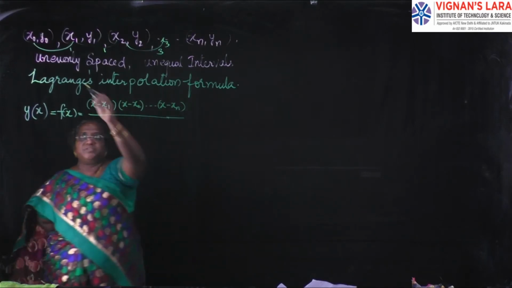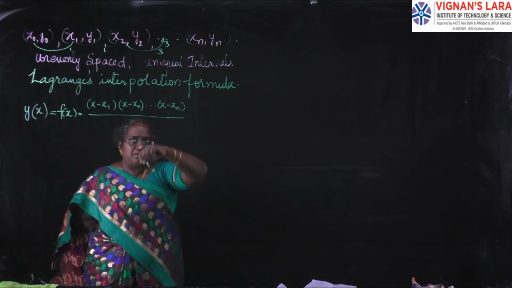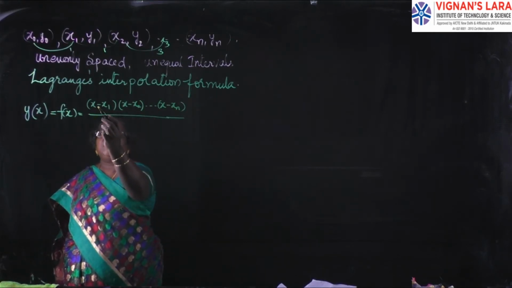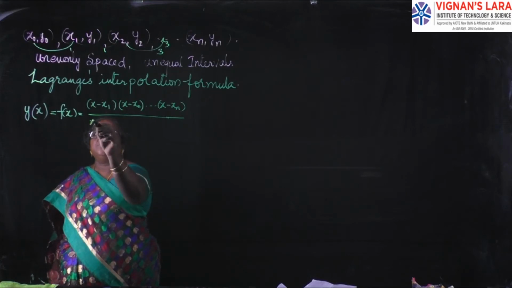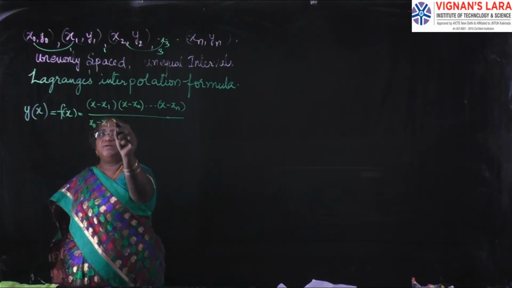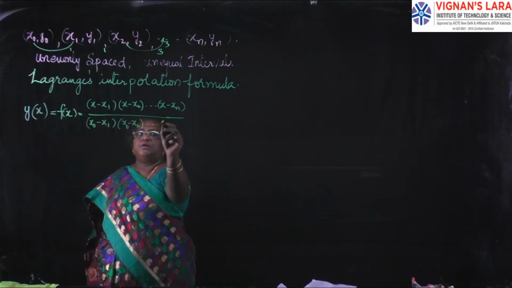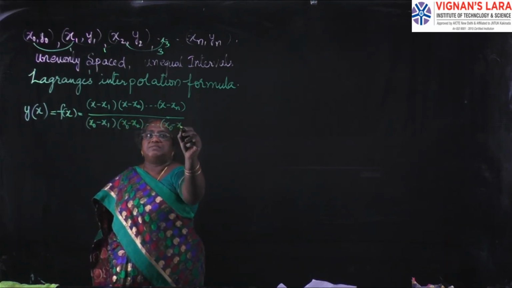Out of the points x0, x1, x2, and so on, xn, x0 is missing, so that appears in the denominator in place of x: (x0 minus x1)(x0 minus x2) and so on up to (x0 minus xn).